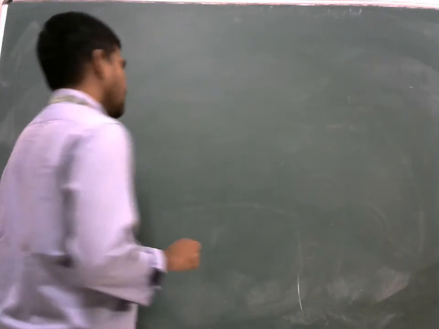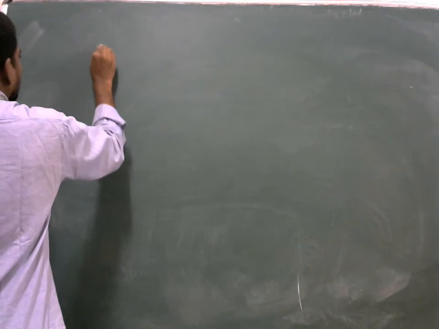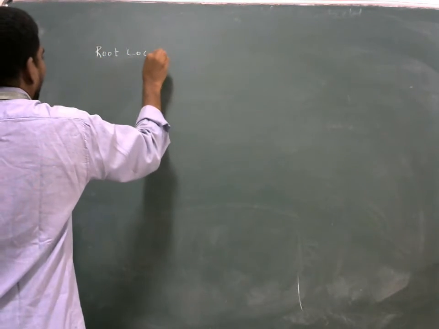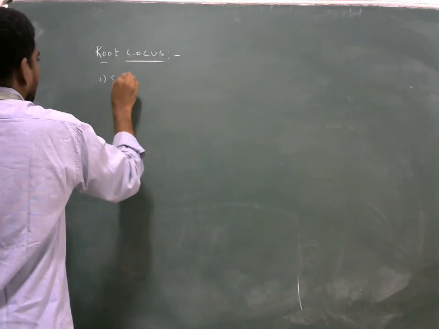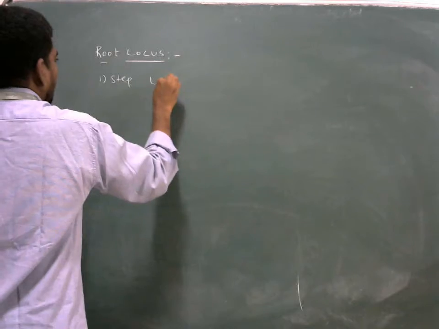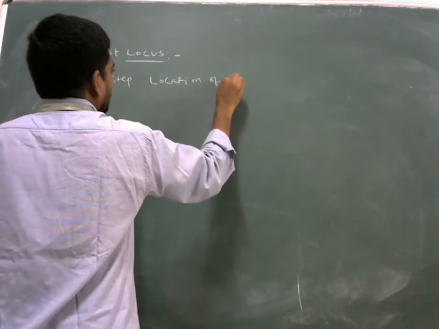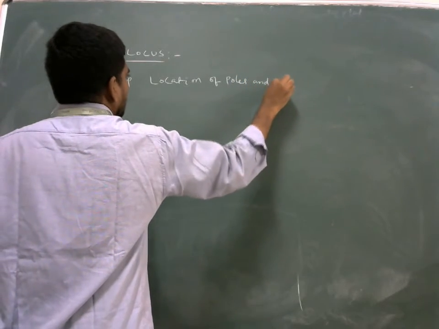The fourth step is the breakaway point. Already discussed, the first step is the location of poles and zeros.